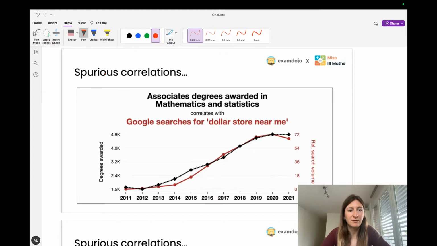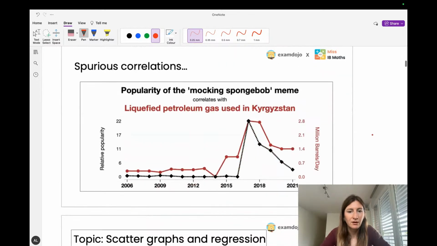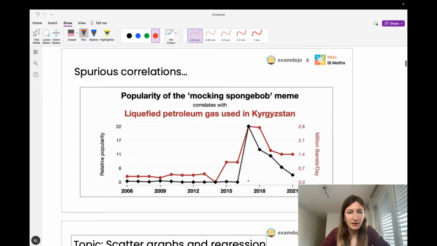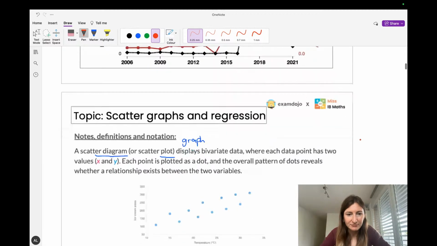If you want to see more of these various correlations. All right, now this one here as well. Very nice correlation there. See how it spikes like that and then drops down. Very closely correlating, but no relationship between these two variables.